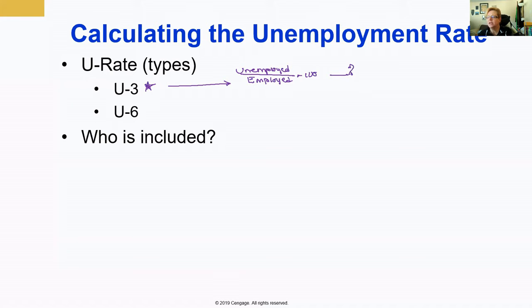We're not including a lot of the individuals not in the labor force. There are other ways to calculate the unemployment rate. For example, U6 will calculate individuals which are marginally attached, those kind of things.